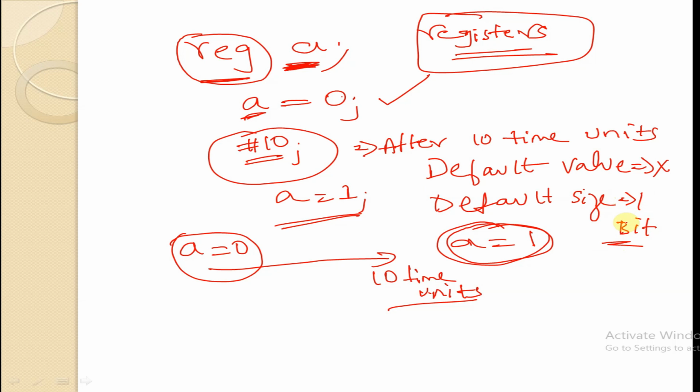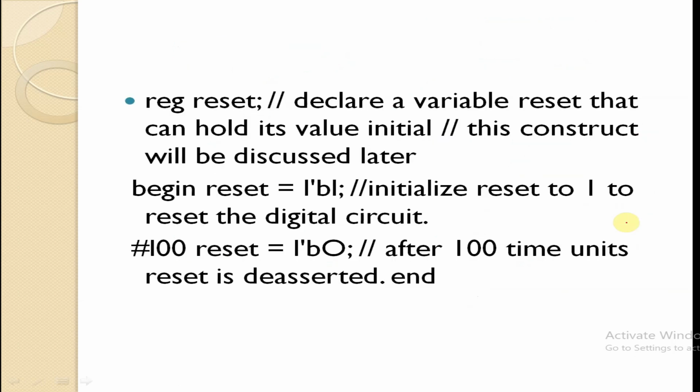This is also a very valid interview question. They will ask what is the default value of a register and the default size of a register. So you can answer them: the default value is unknown and the default size is 1 bit.